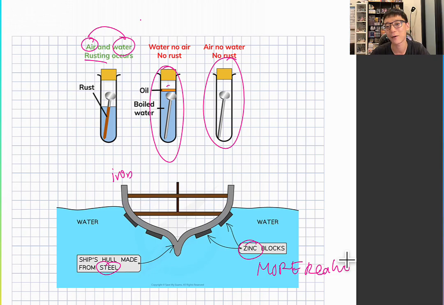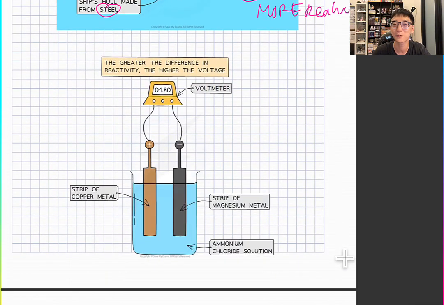So for the last part about the reactivity series, there is one interesting thing as well. You do know that batteries, like some of the ancient batteries, are created using strips of metals. Sometimes you will also see these strips of metals. And the potential, the voltage of a battery, would rely on the difference of reactivity.